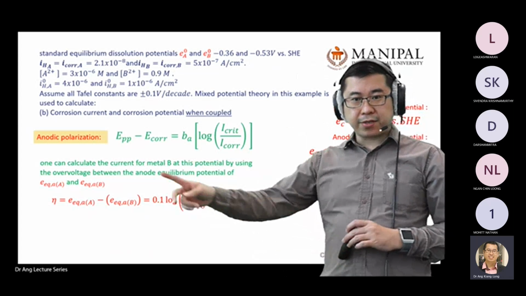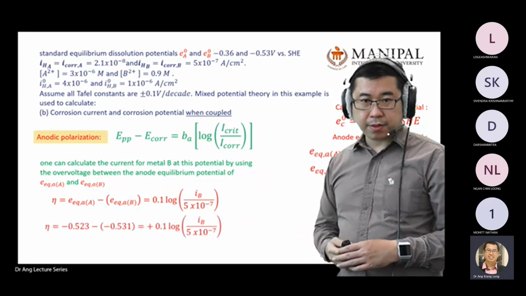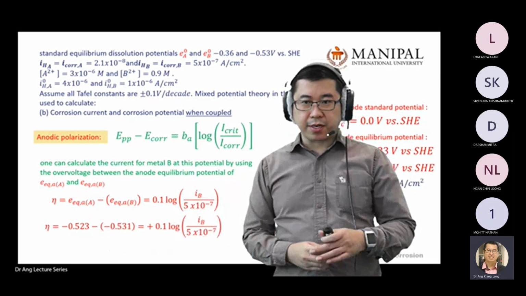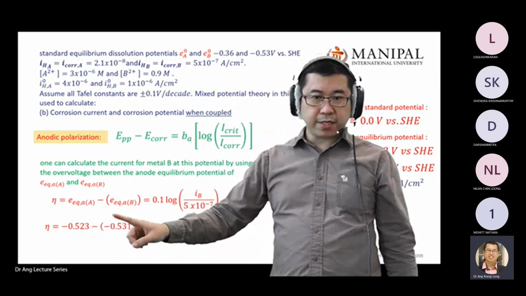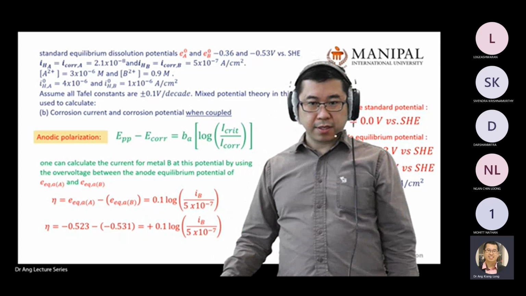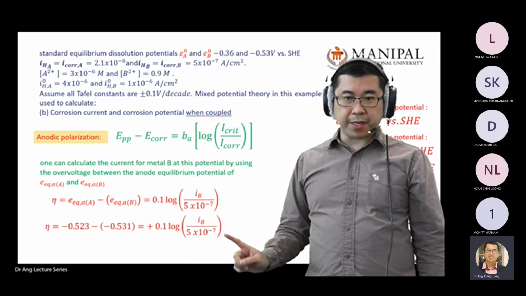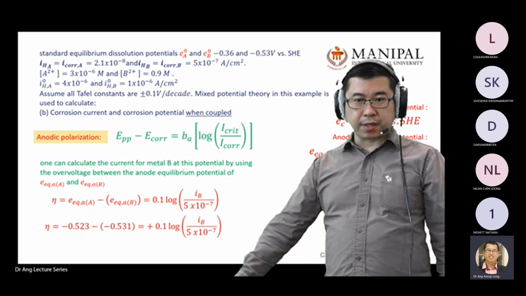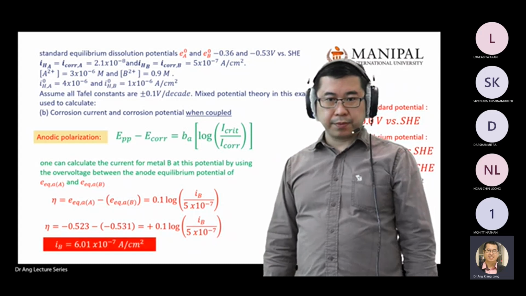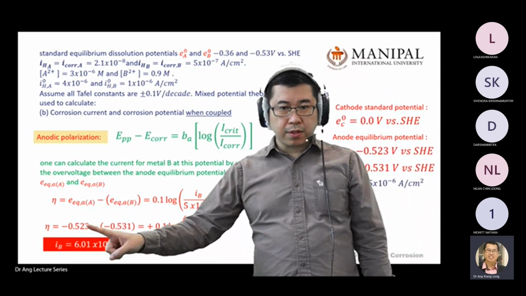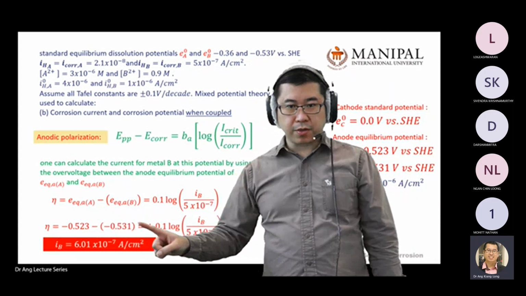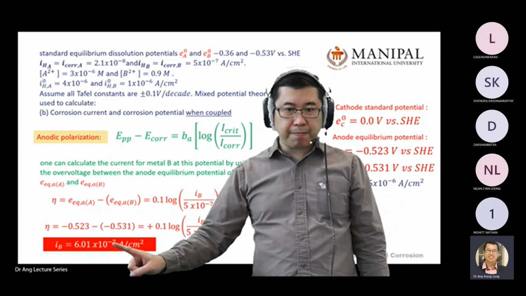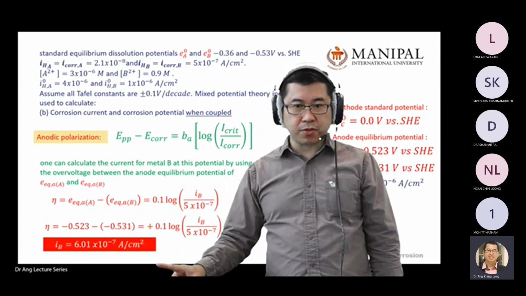The rest you can read. You just substitute what is the A equivalent we calculated just now, minus the B equal to log I, log IB. So this equation, you can calculate only one unknown here. So your IB equal to 6 times 10 power negative 7 ampere over cm square.